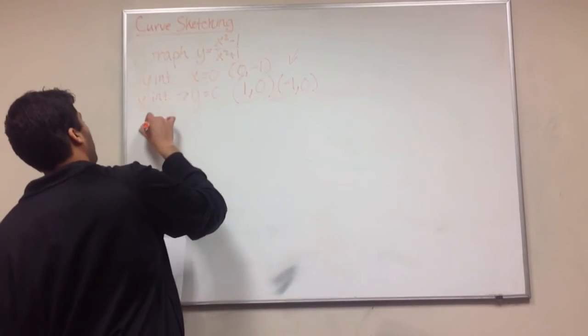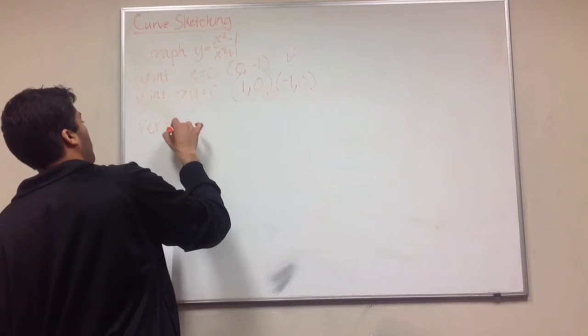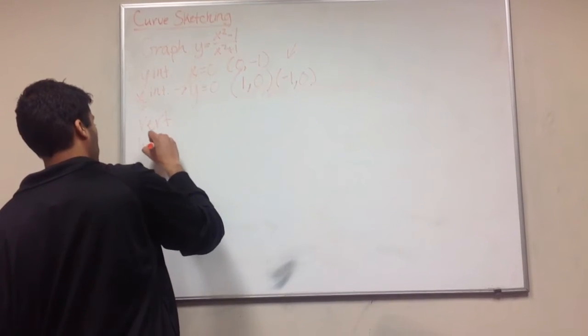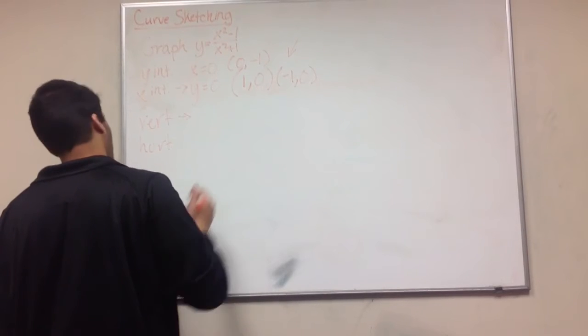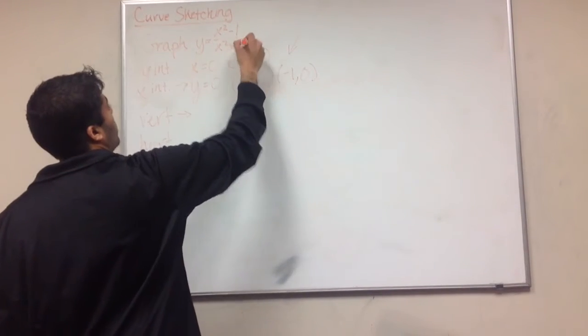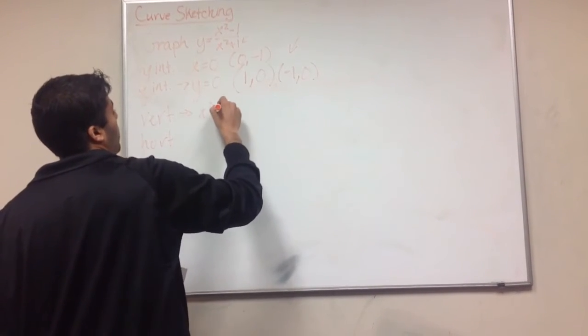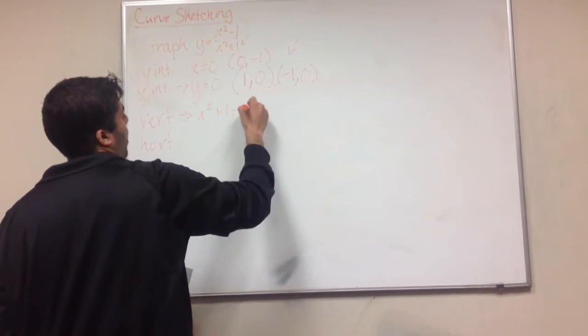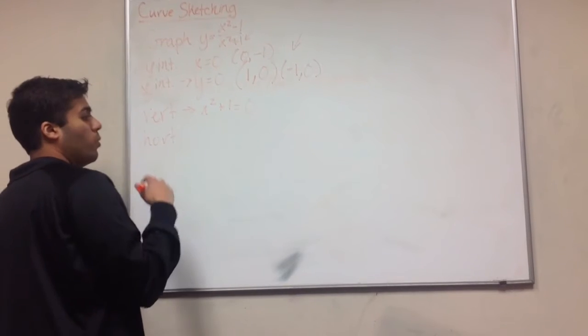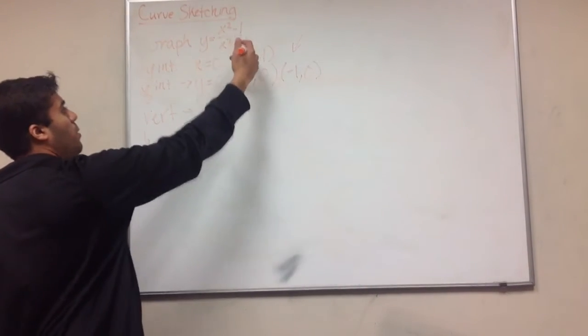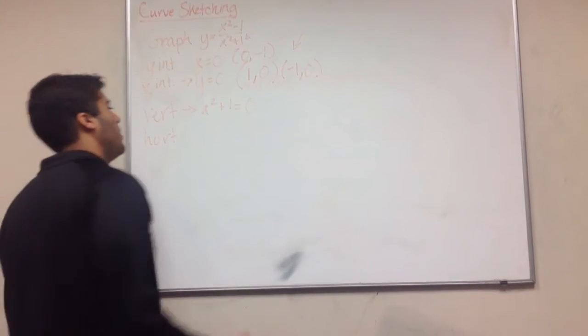Now for finding the vertical and the horizontal asymptotes, for the vertical, we have to look at the denominator and set it equal to 0. That's the only way we can get a vertical asymptote, if the denominator is 0, undefined.